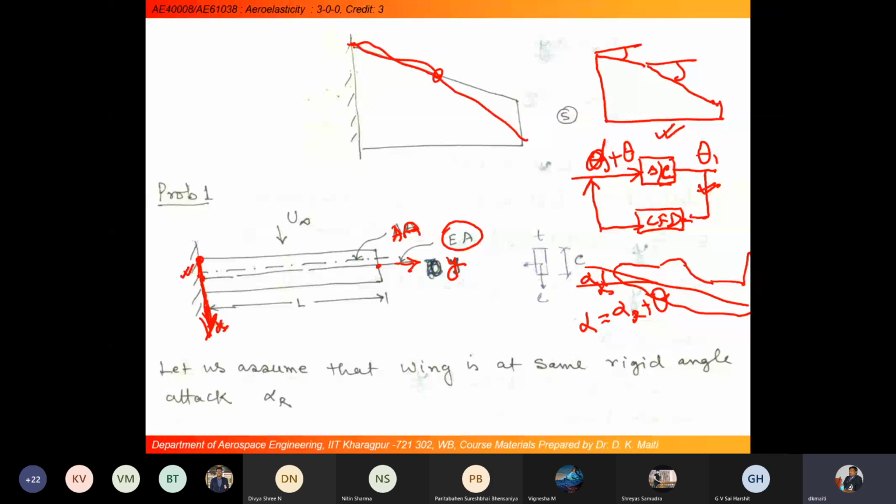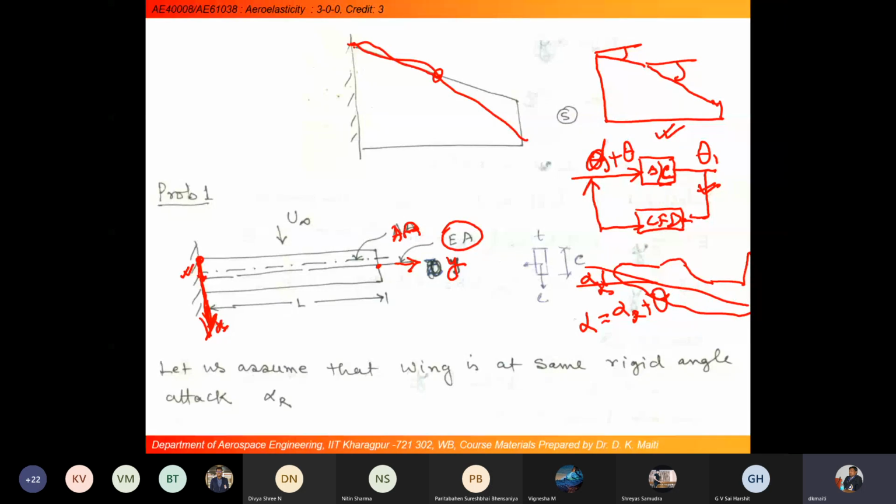Student: Sir, from what point should I measure x? Will it be the aerodynamic center? No. It is from the elastic axis, the elastic center. This is the elastic axis. This is the aerodynamic center. Aerodynamic pressure will be developed about the aerodynamic center.